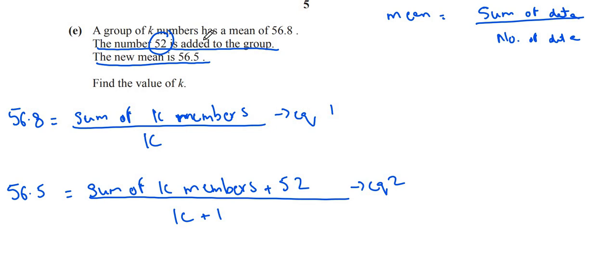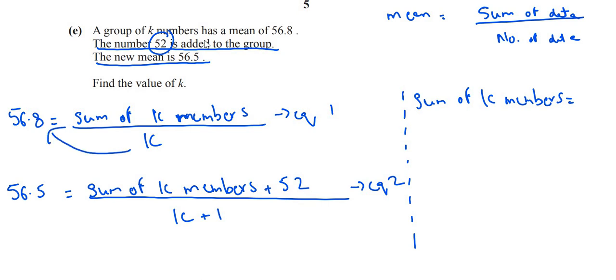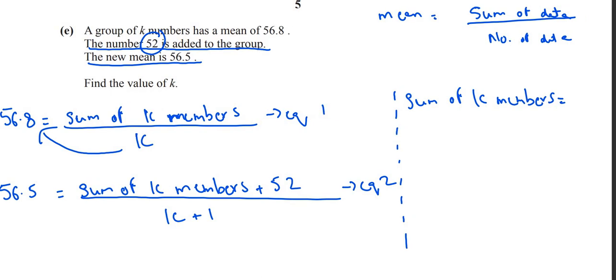This is your equation number 2. So now what I will do, I will make this equation in terms of a formula. So sum of k members is equals to, k will go up there and multiply with 56.8. So this will become 56.8k. This is how I rearrange the first equation.